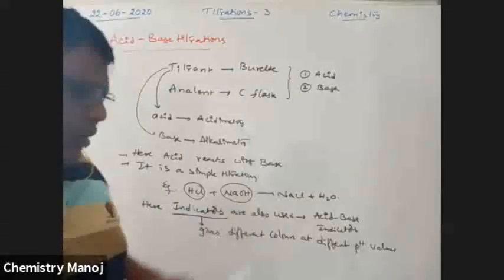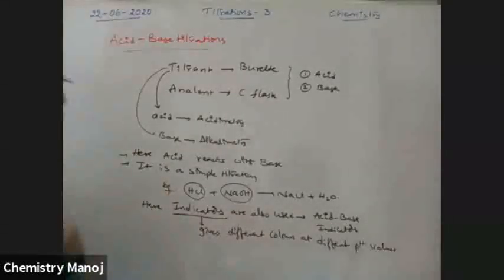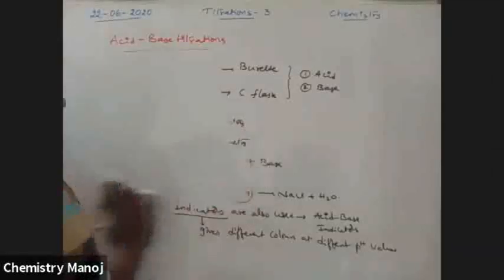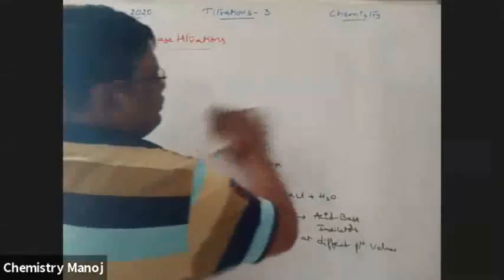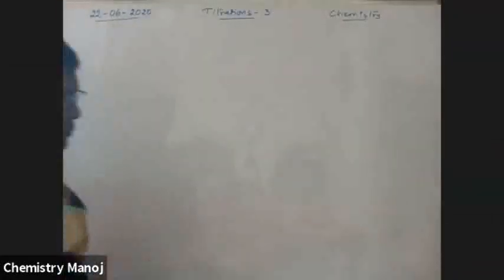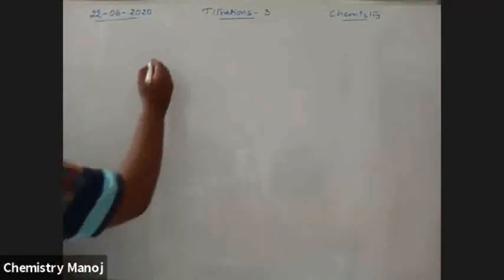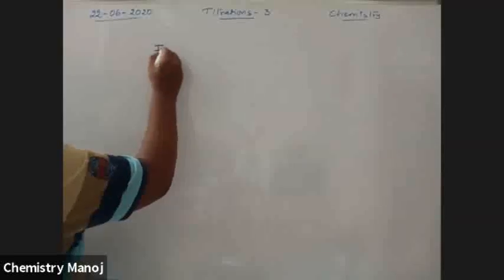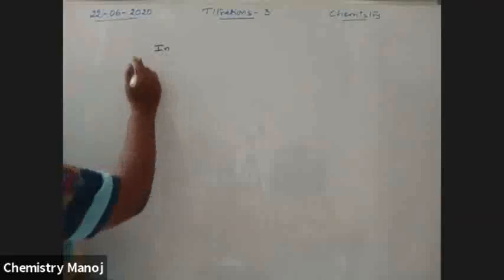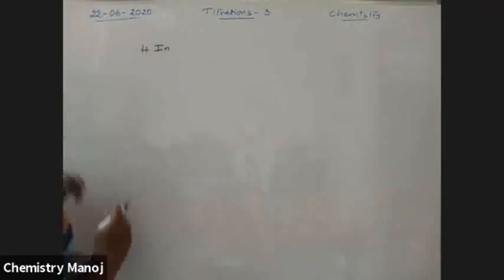How is this explained? See here. Why do indicators give different colors in different pH conditions? Let us take an indicator, denoted HIN.